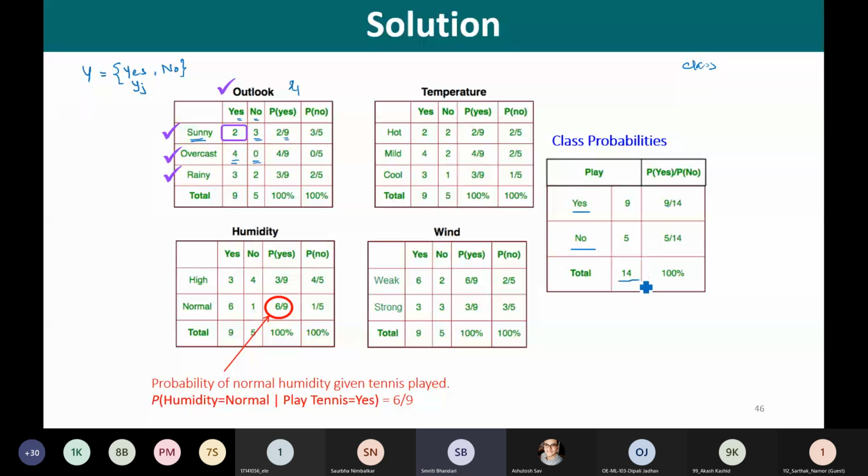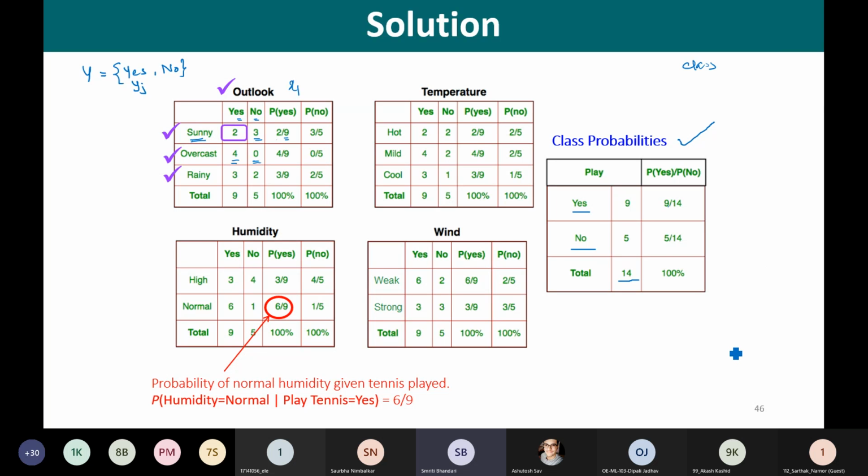So total instances that we have are 14. So the probability of yes is 9 divided by 14 and the probability of no is 5 divided by 14. This is how we have computed these class probabilities.